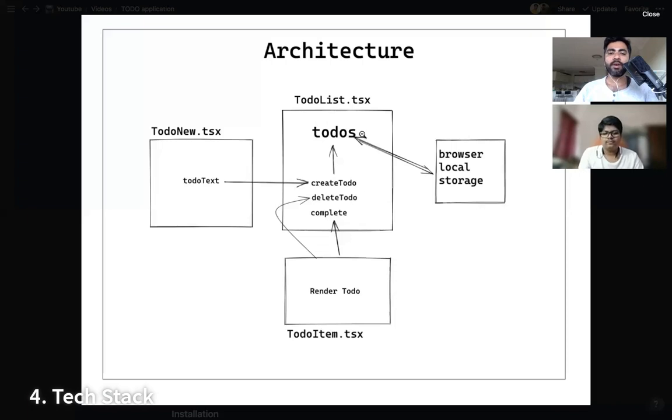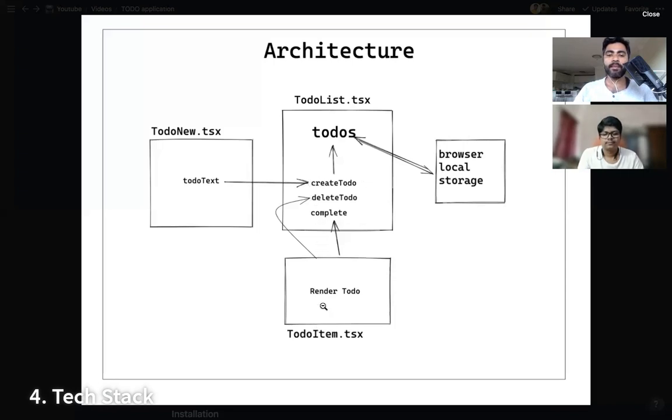This is our controller kind of thing, where the bulk of the logic is, and the other components are only rendering the screen, very minute-level components. So whenever we submit the form, the to-do text will be passed, create to-do will be called, and the to-do's array will be updated. The browser local storage will also reflect the new changes, so the next time we reload, the new item will be there.